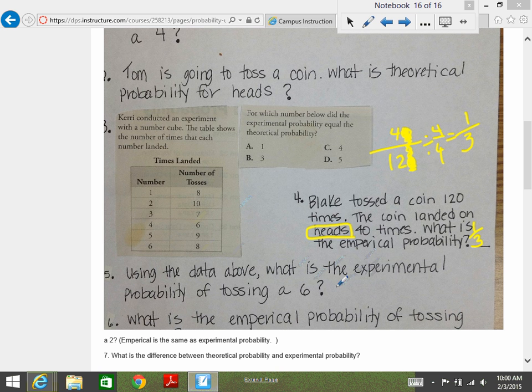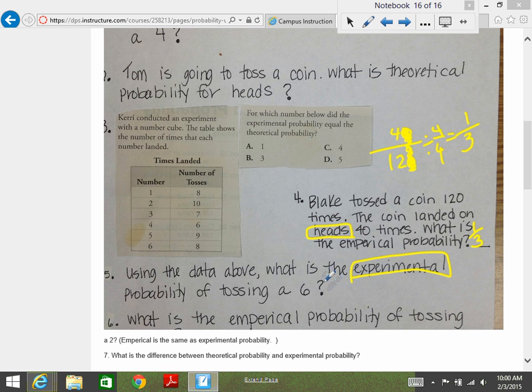You have to use the chart. What will my fraction be? I heard it. Who said it? Somebody over here. What will my fraction be?